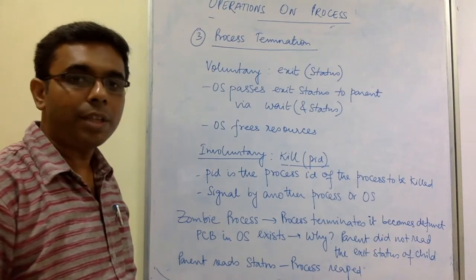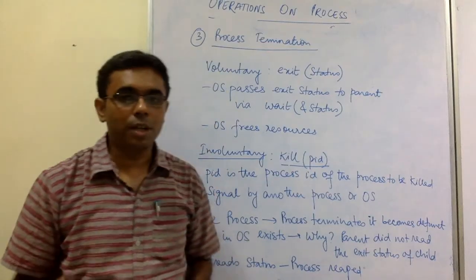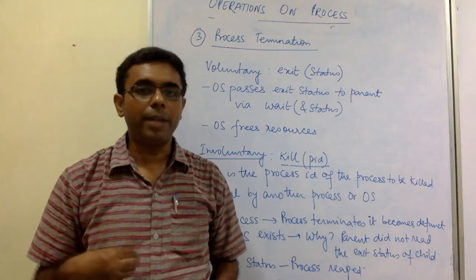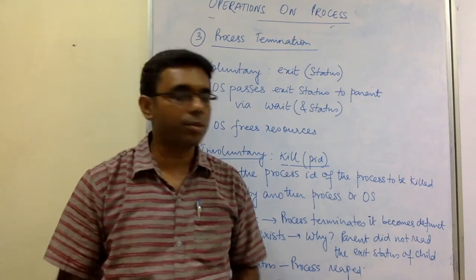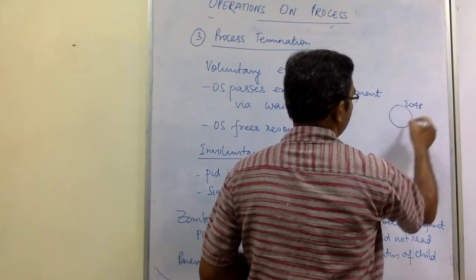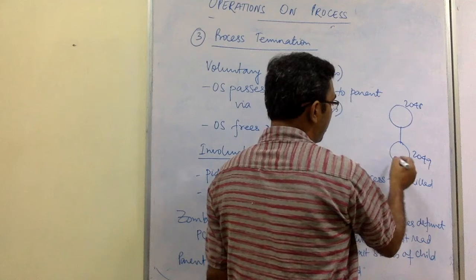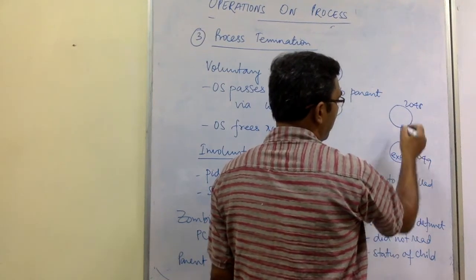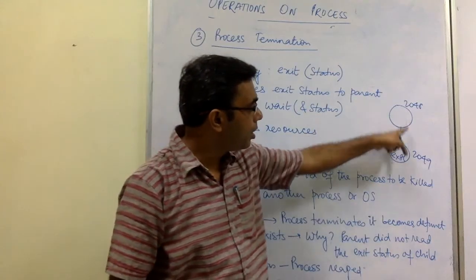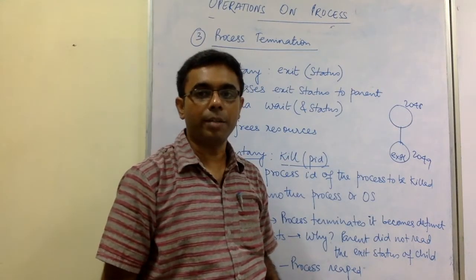Now there's an interesting thing that happens in case a process terminates, but that information is not read by the parent. Let's say there's a parent process that has forked and resulted in a child process. The child process has exited, but there is no wait here. That means the parent did not read the exit information of the child.